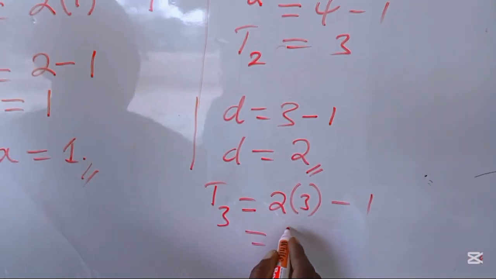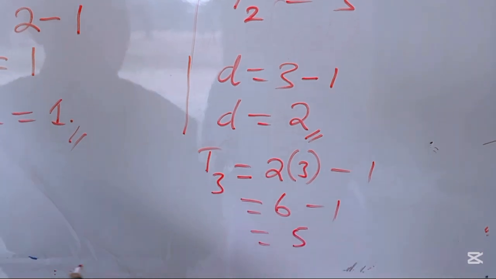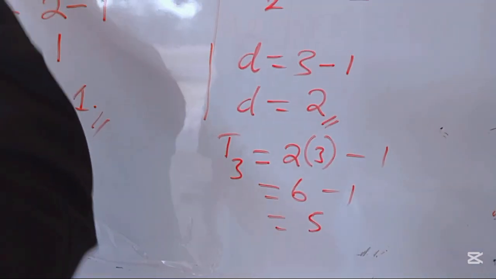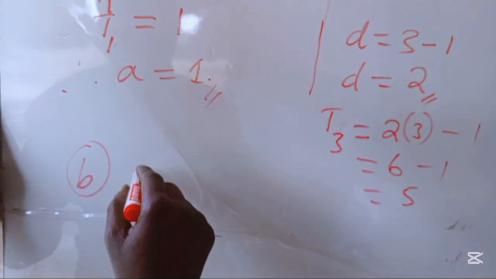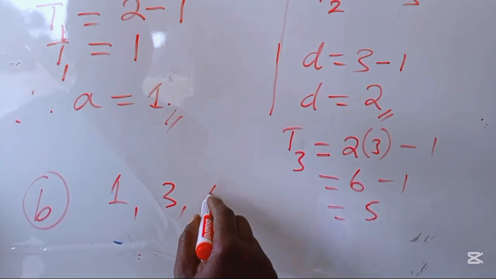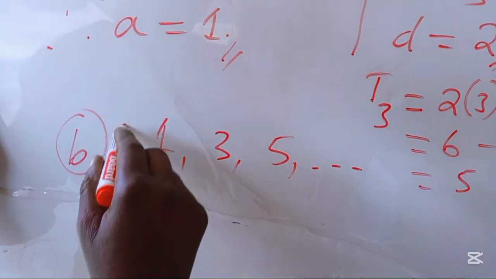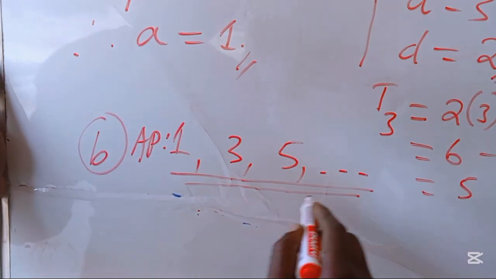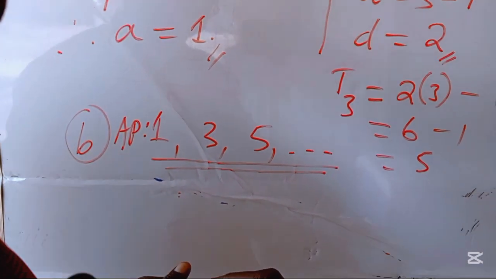You agree with me that this is 6 minus 1, so the third term will be 5. Now part B, which talks about listing: my first term is 1, my second term is 3, my third term is 5. So these are my AP, the expected terms in that arithmetic progression.